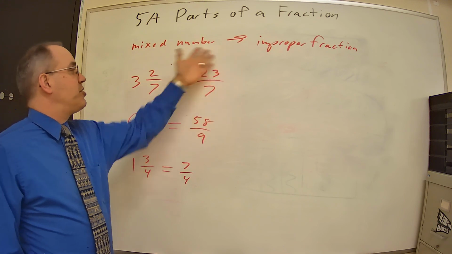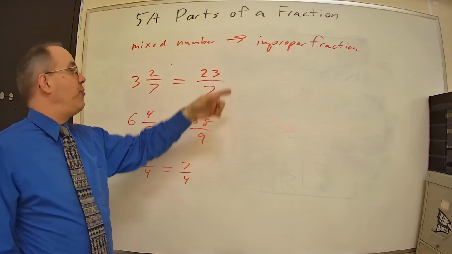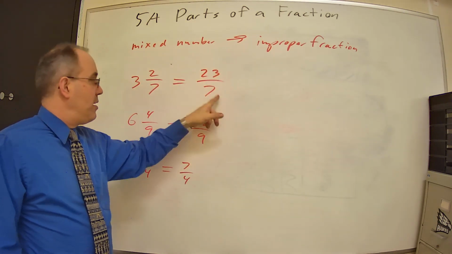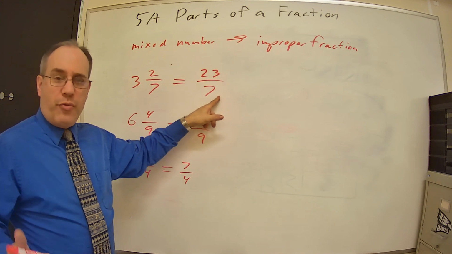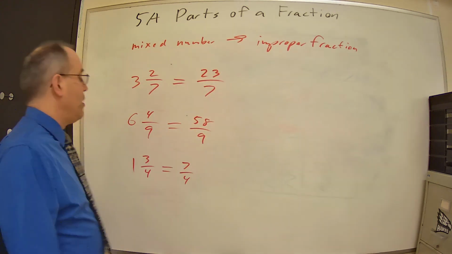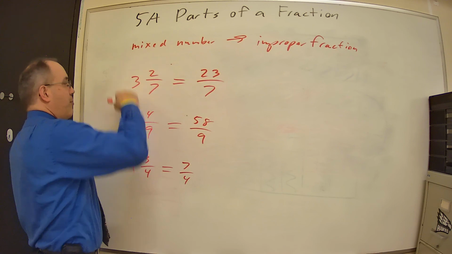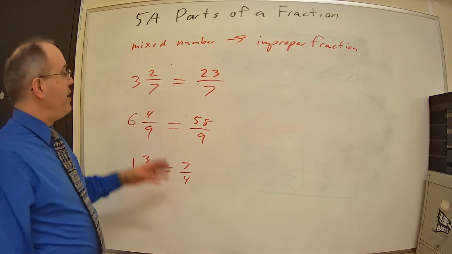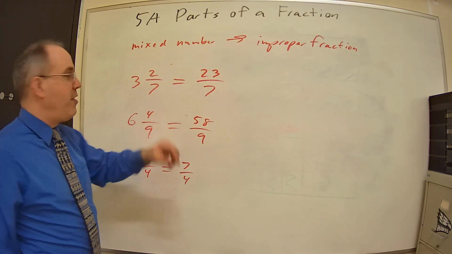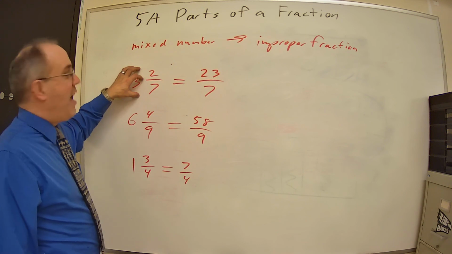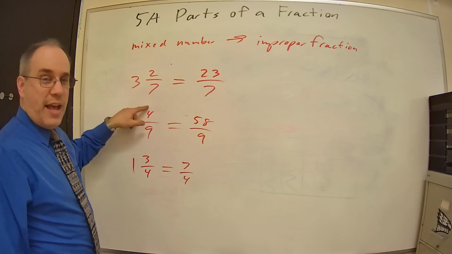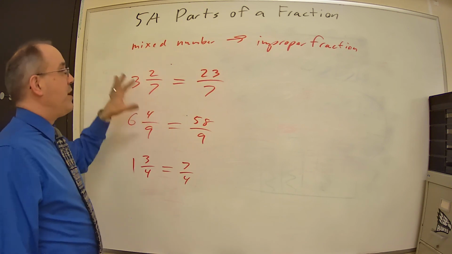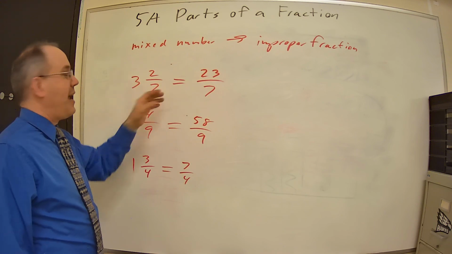Improper fractions is just where we keep it in the form of we have this many pieces, each grouping of 7 of which will give us a whole one, versus a mixed number where it says, okay, rather than telling us just how many pieces it has, how many whole ones do we have and how many leftover pieces do we have? The mixed number, a whole part and a fractional part.